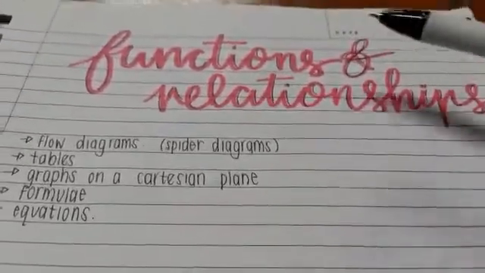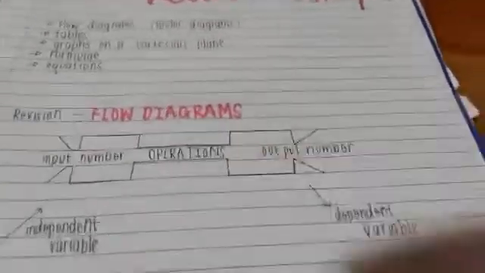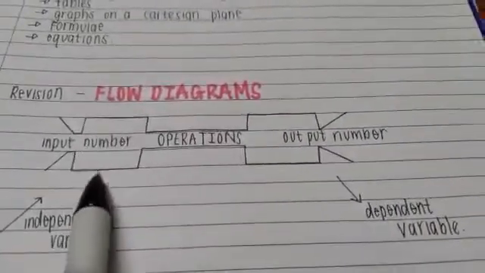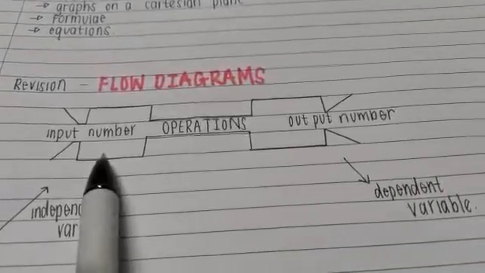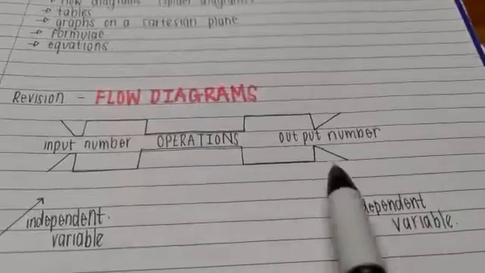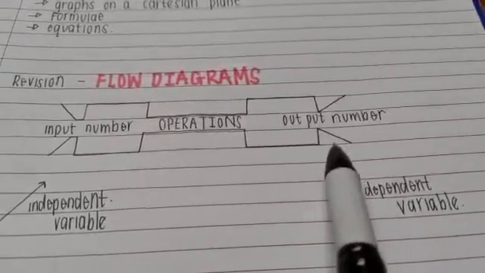Right? So that's a reminder on everything that you know up until now. Okay? Flow diagrams, how do they work? We have an input number that we're putting in. Then there's a whole bunch of operations that you're doing in between. And then we have an output number that you get out of it, that you calculate.